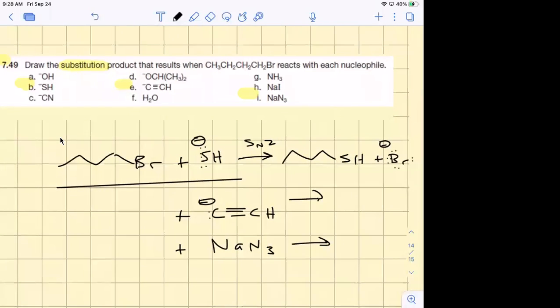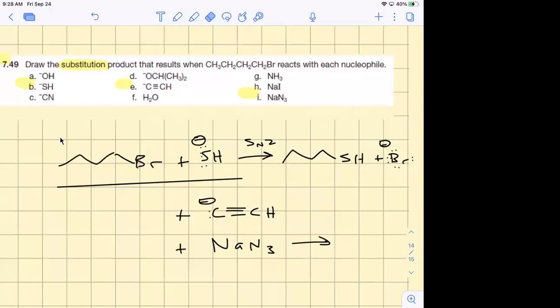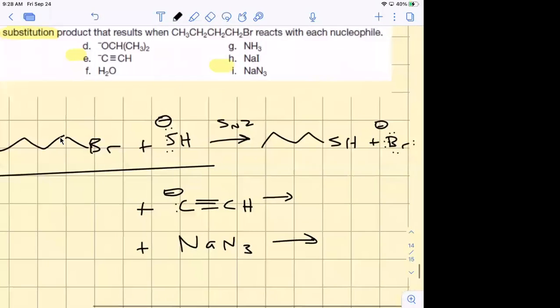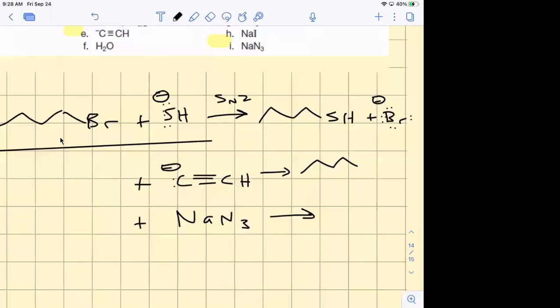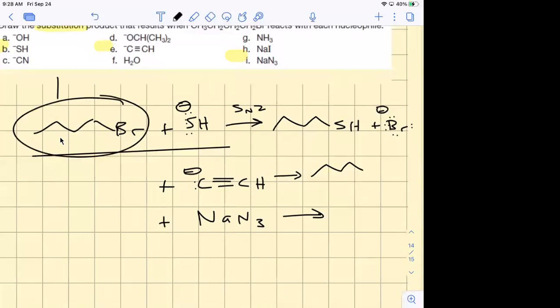What about the second reaction? Is that also SN2? Yeah, your substrate is primary. So every one of these is going to be SN2. That's right.